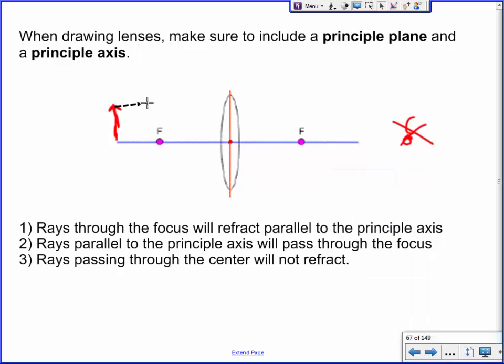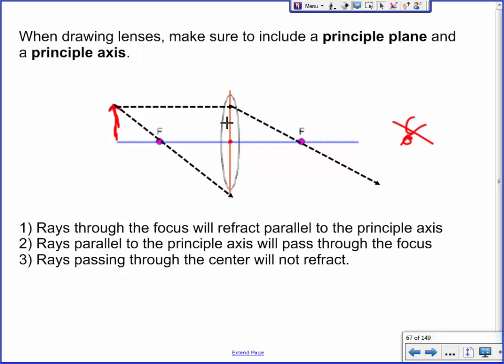Let's say that you had light that was going parallel. Parallel rays would then go through the focus. So far, so good? Let's say that it went through the focus. Obviously, my lens isn't big enough. Pretend the lens was big enough.